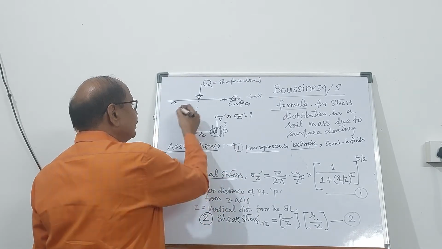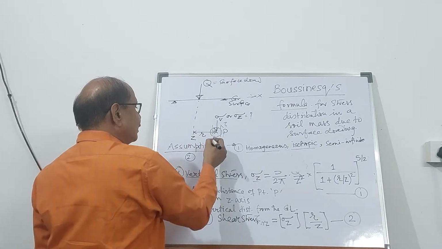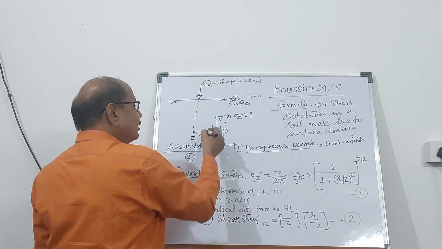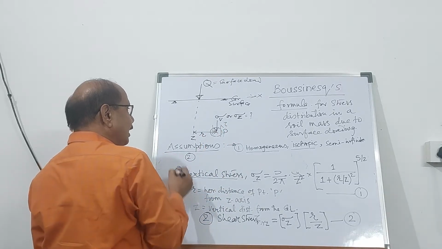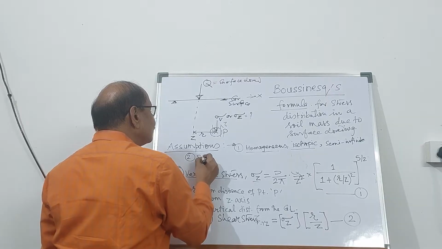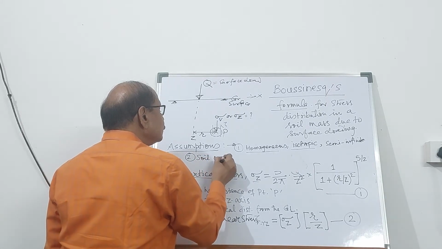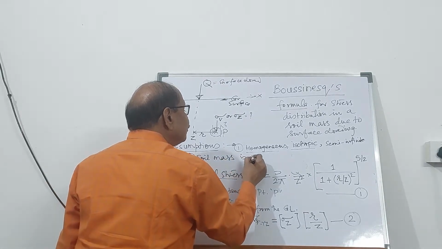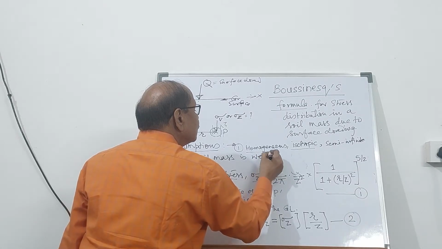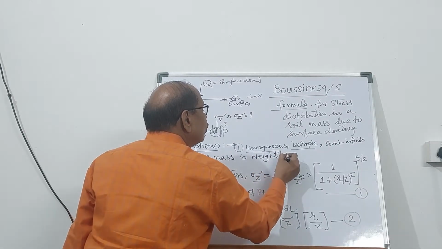The second assumption is that on this point there is no overburden pressure. That means the soil mass is weightless. So it has no weight.